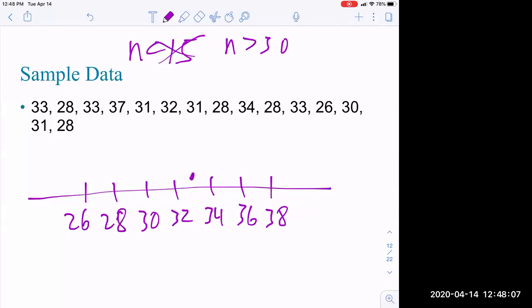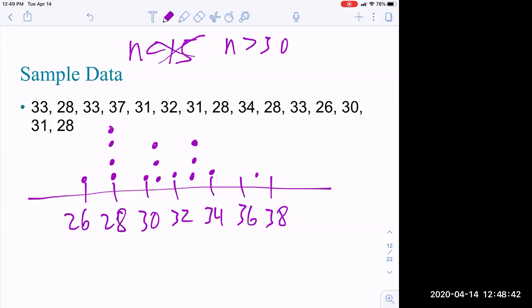I have a 28, another 33, 37, 31, 32, 31, another 28, 34, 28, 33, this is fun, 26, a 30, 31, and 28.